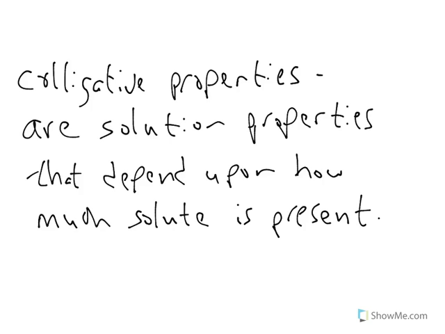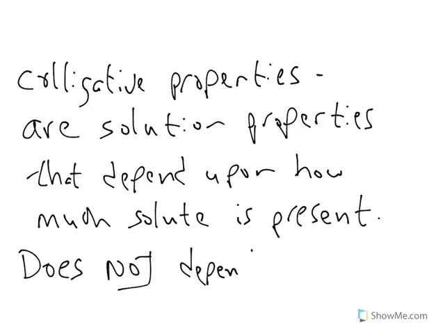All right, so this is a quantity association with solution properties. So how much solute you put in there, you're going to affect the solution properties. But what's important about this is this does not depend on nature of solute.